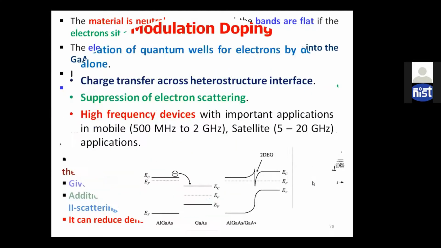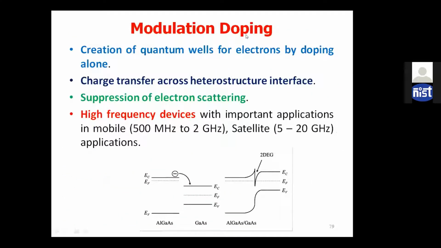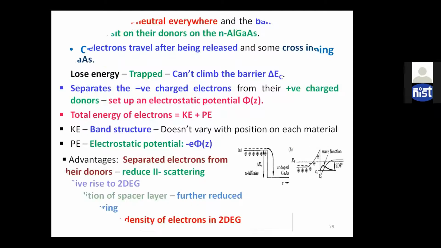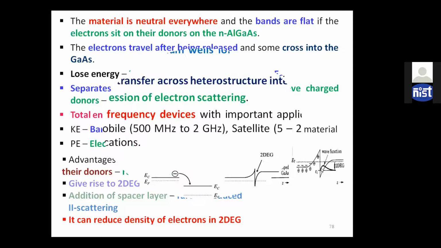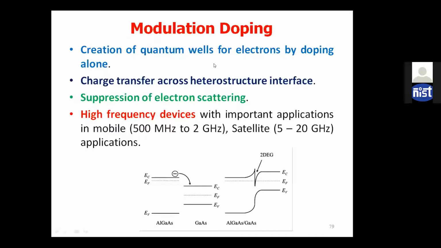See this one. As I already explained, in modulation doping there is creation of quantum wells. If you think of this V shape, it behaves like a quantum well. So due to this modulation doping, there is creation of quantum wells for electrons by doping alone, and the charge can transfer across a heterostructure interface.